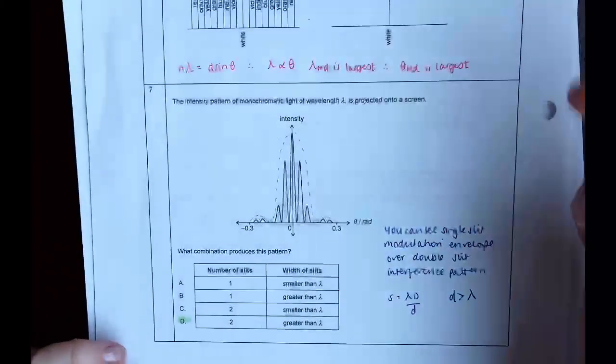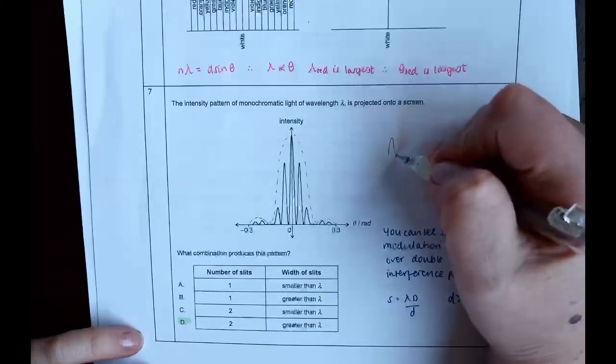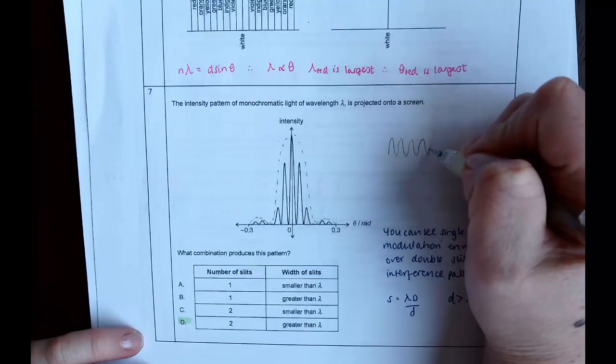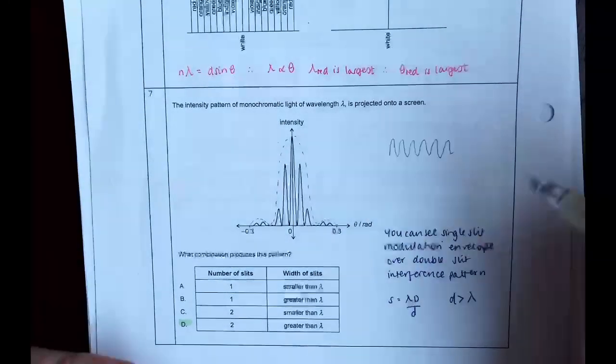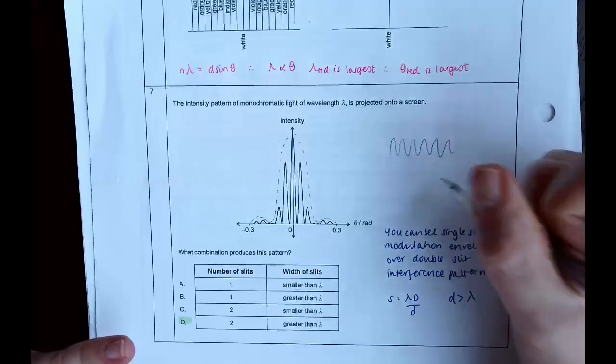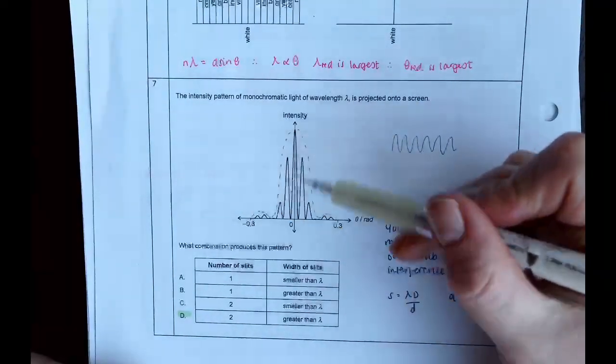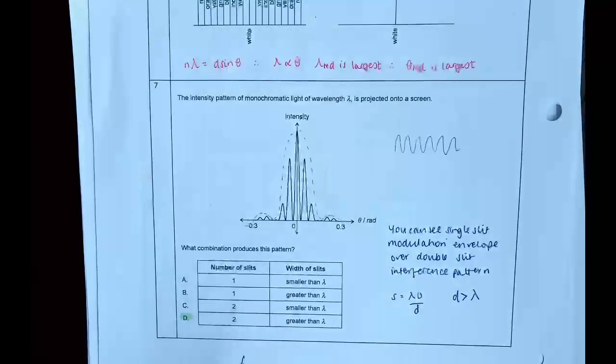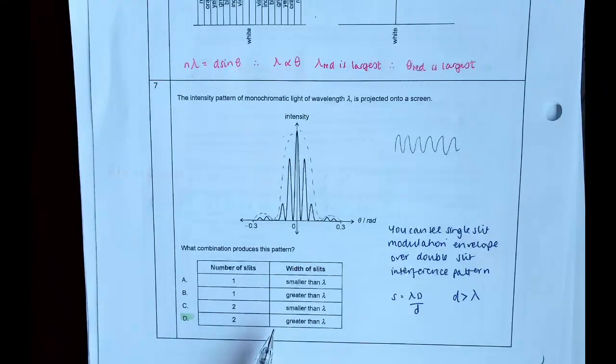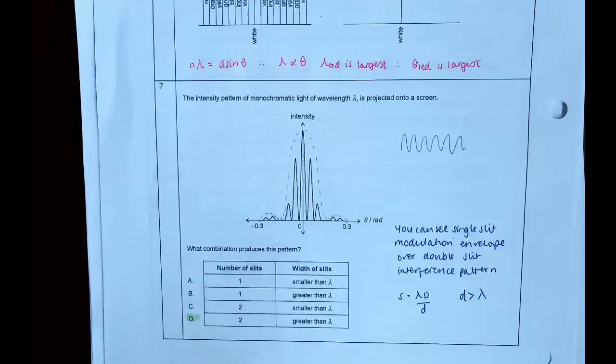So remember, for the SL students, we said that the double slit introduces this series of maxima and minima, where you've got constructive and destructive interference. But single slit diffraction modulates that, so you can see that over the top. So we must have double slits producing that pattern. That's just something you should remember.